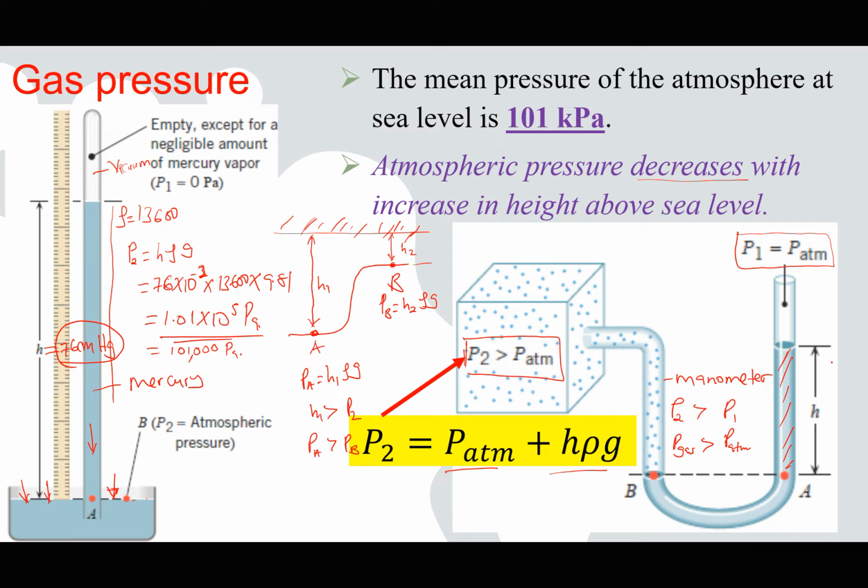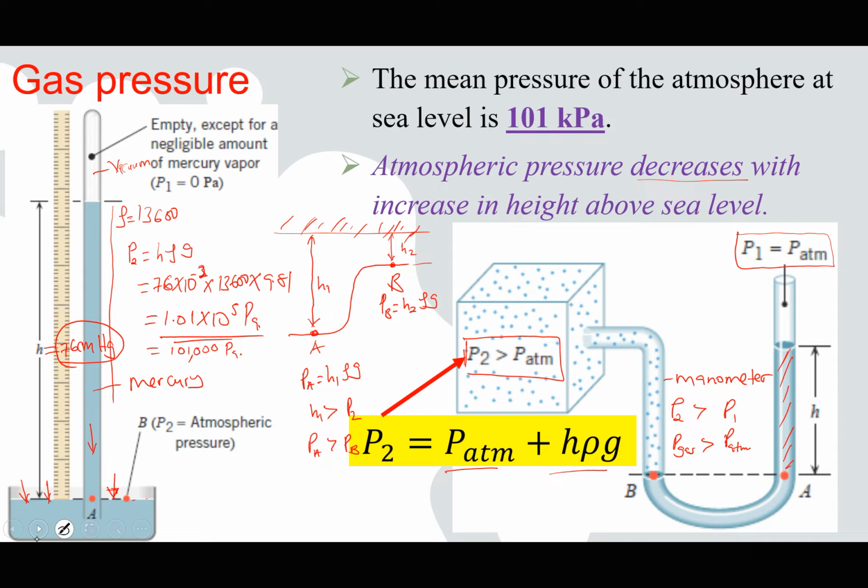In other words, to find the atmospheric pressure, it is the same as getting the pressure of the gas minus the excess pressure, which is the pressure due to the height h, or the difference in the height of the liquid column. That is how we find our pressure of a gas using a manometer.